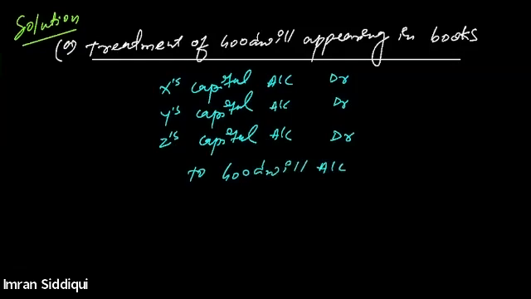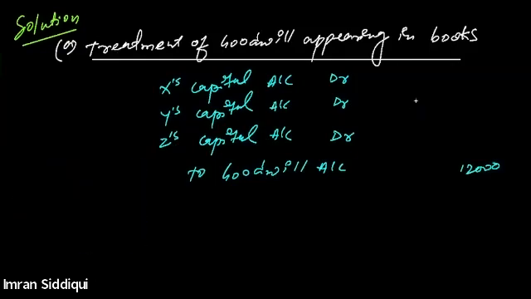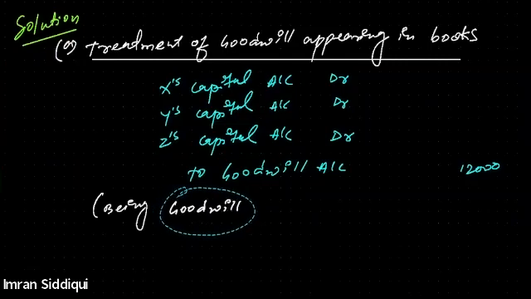And the value was the purchase goodwill, or the goodwill that was appearing in the book, was 12,000. This has to be transferred to all the partners in the old PSR, and we need to write down the narration as well. We will write down, being purchased goodwill written off.